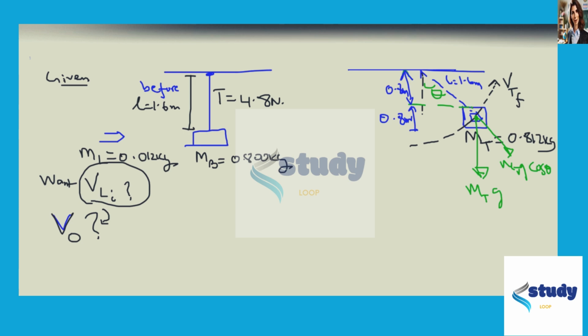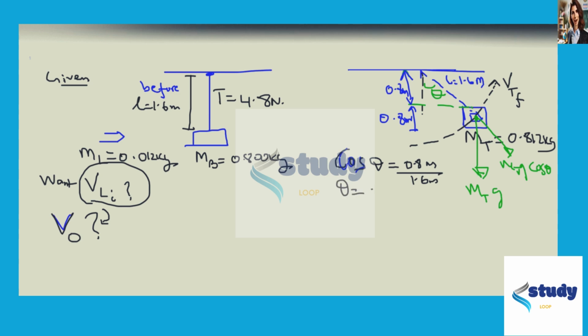And so we can always say that cosine of theta is 0.8 meters over 1.6 meters.